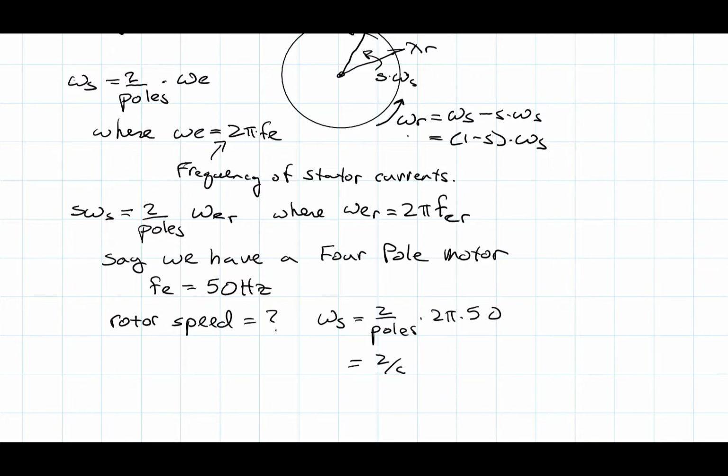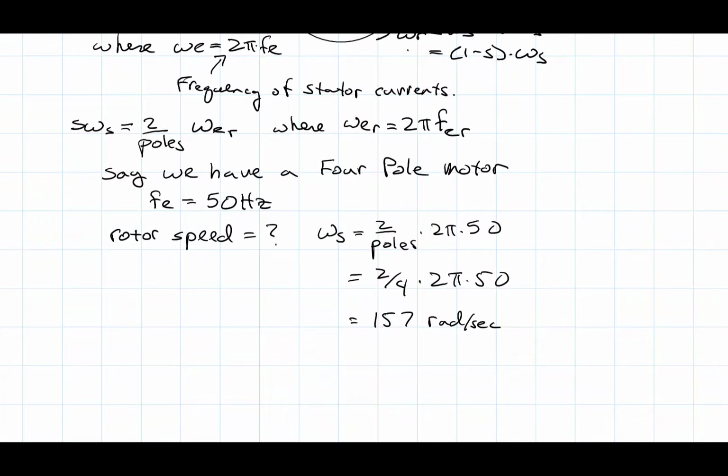So that's 2 over 4, times 2 pi times 50, which is equal to 157 radians per second.